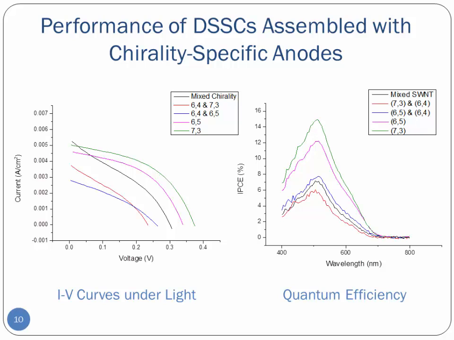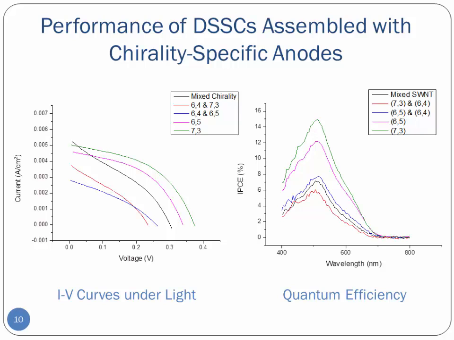But what about the work function of different carbon nanotubes? Look at the open circuit voltage. When we create a heterojunction between carbon nanotubes and titanium dioxide, the Fermi level of titanium dioxide shifts down. So in theory, the open circuit voltage of the cell, because the open circuit voltage is the difference between the Fermi level of titanium dioxide and the redox potential of the electrolyte, is supposed to decrease.